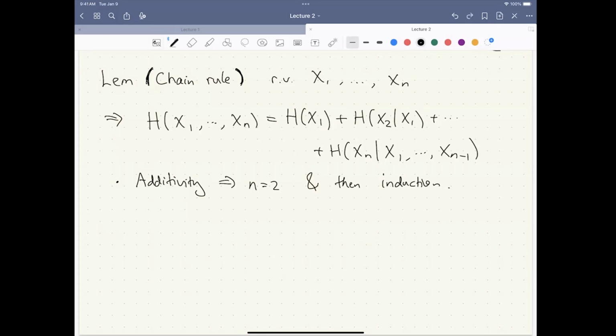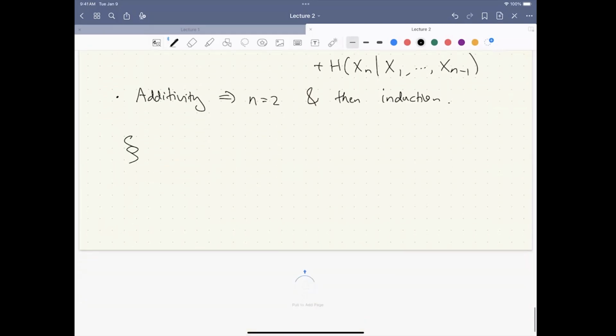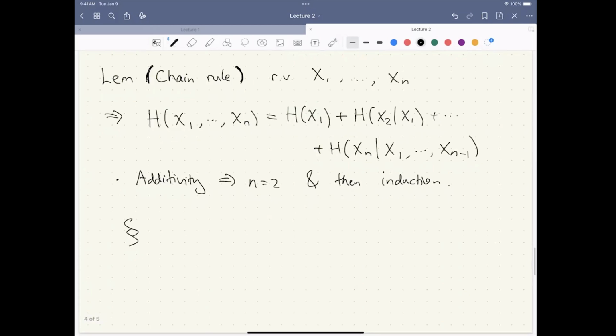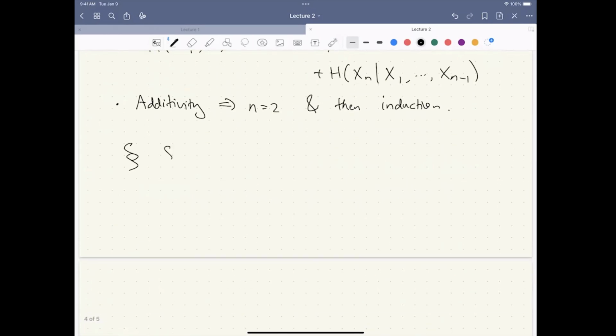Those are the basic properties up to the chain rule that we've established. Next, we're going to prove some lemmas about subadditivity and Shearer's lemma.